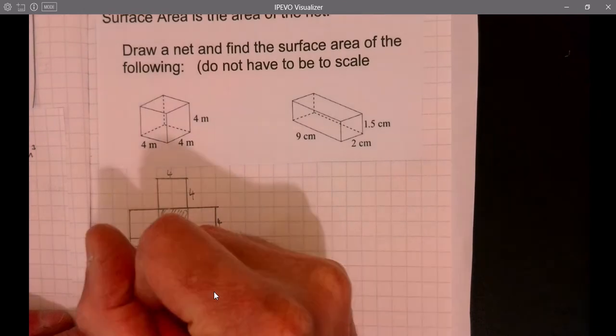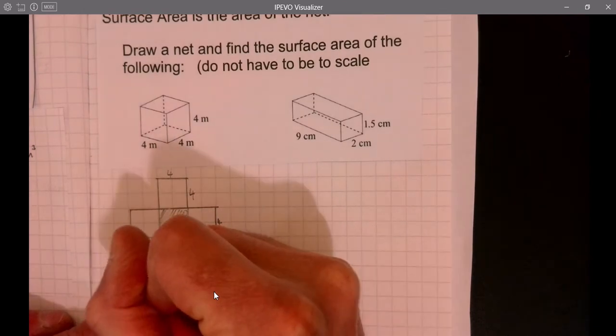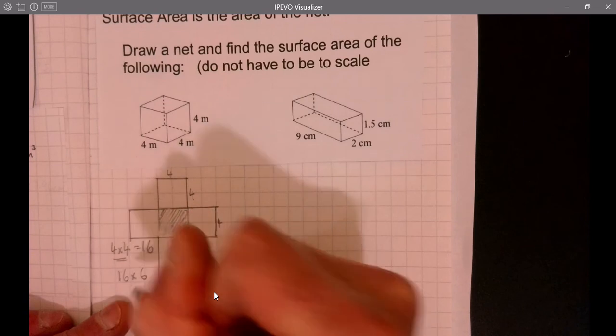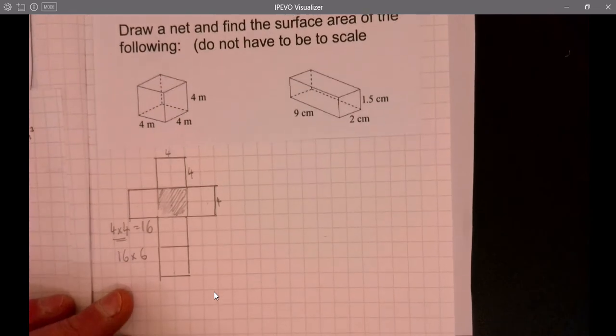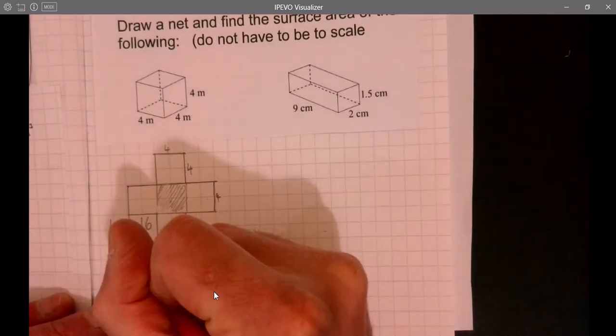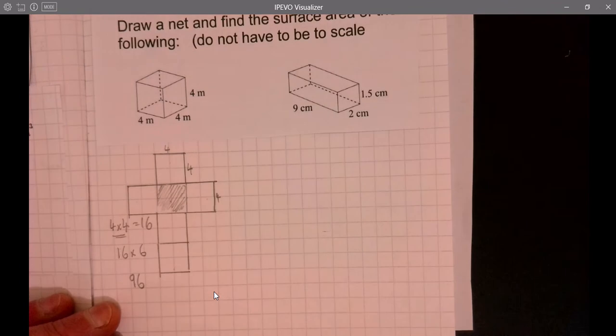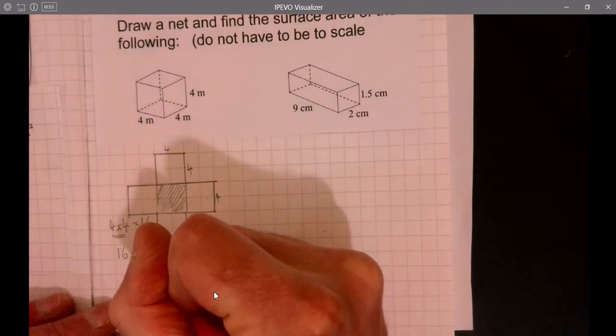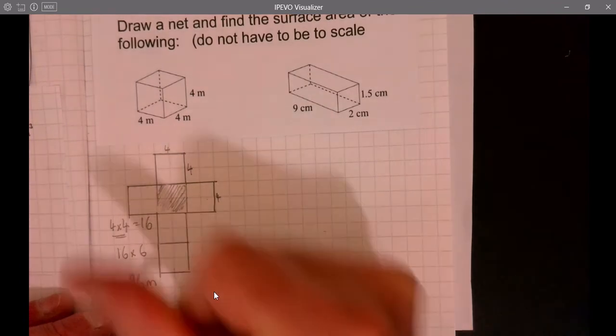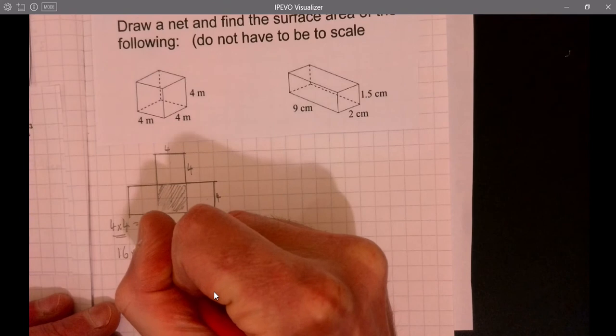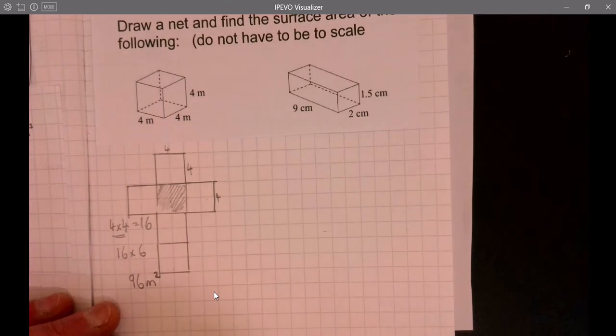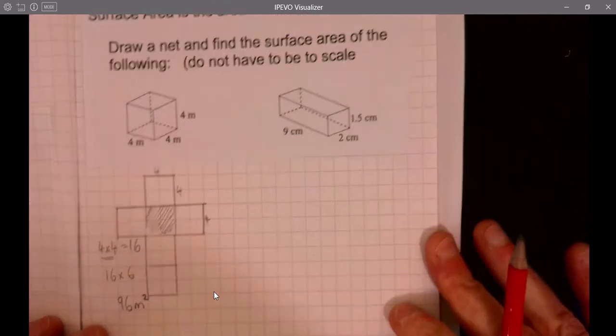They're all the same, so our total surface area would be 16 multiplied by 6. 16 times 6 is 96, and it's meters, and it's an area, so it's meters squared. There we go.